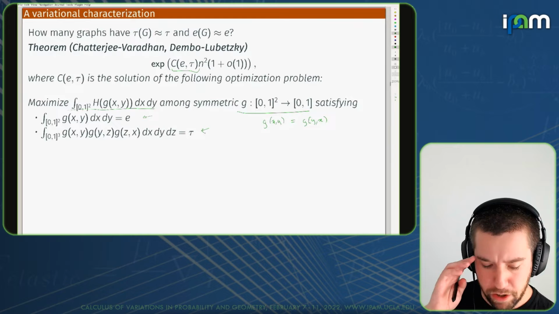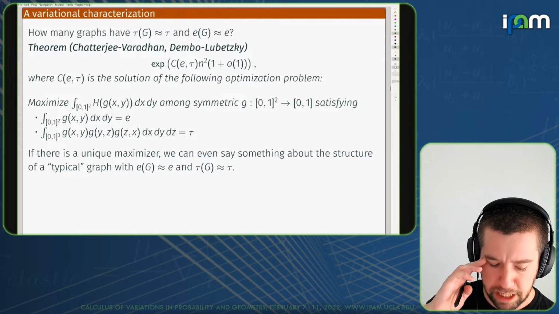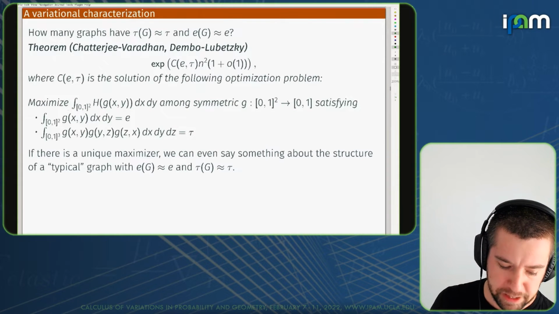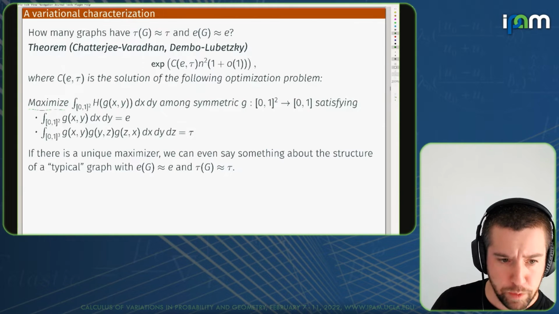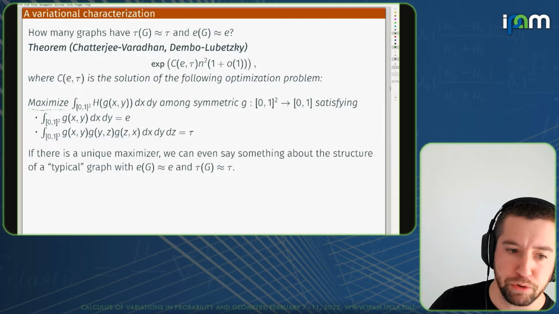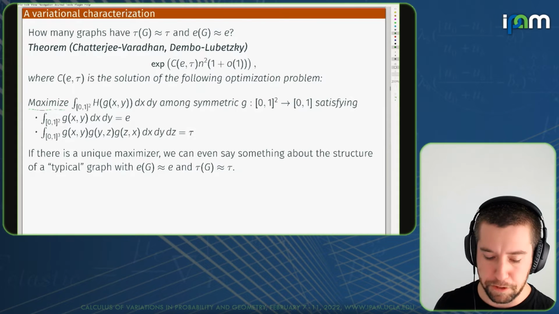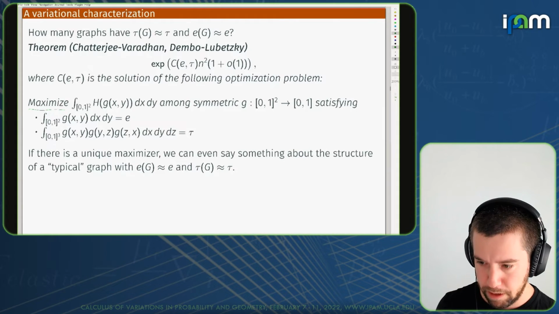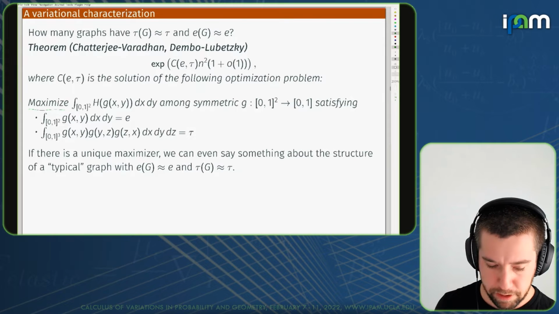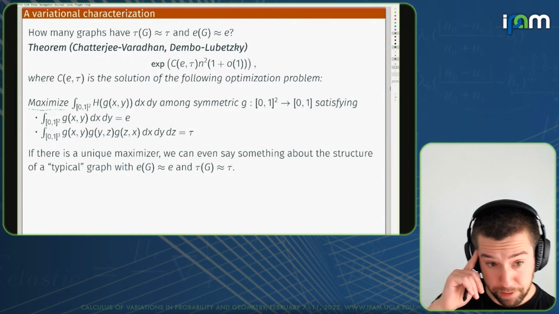Okay, and they also showed, and I'm not in a position yet to state it precisely, that if this maximization is unique, then we get to say something about what a typical graph looks like with these constraints. Okay, I want to have just a very brief aside about graphons.